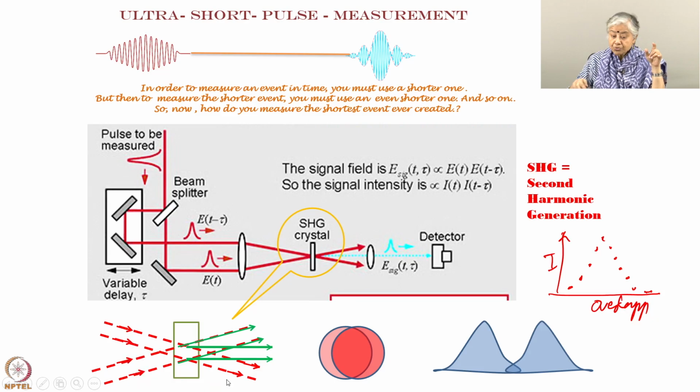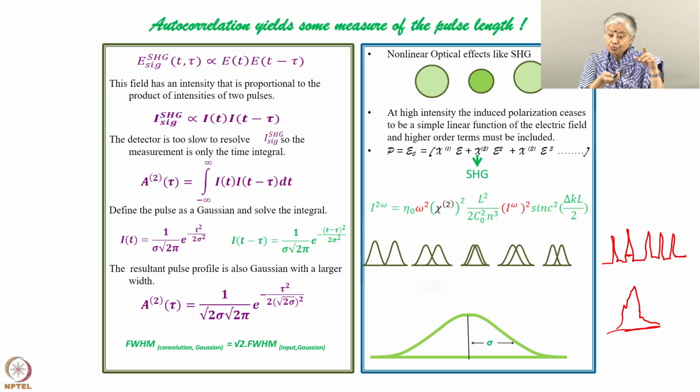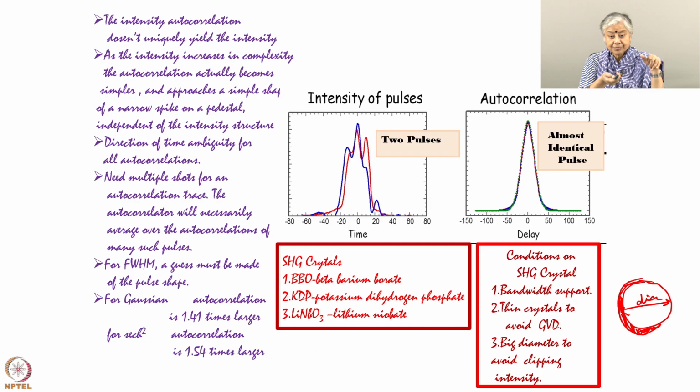Since the whole process depends on the intensity detection, you can't afford to miss even spatially any part of the beam. If you miss spatially, there also you have made a distortion in the temporal part of the pulse. Okay. So, these are the difficulties of the intensity autocorrelation technique.